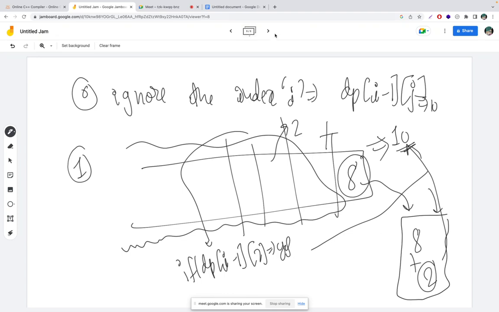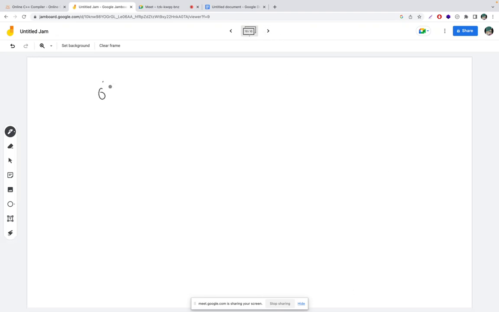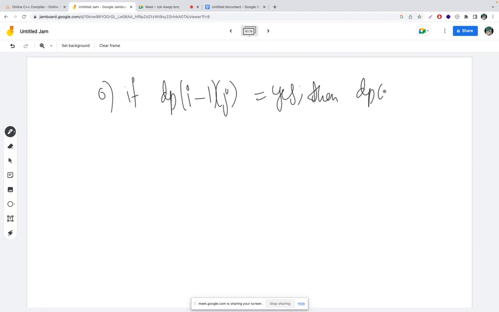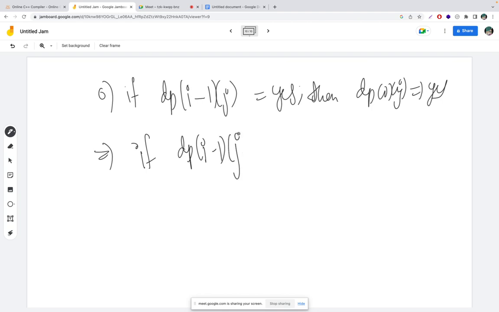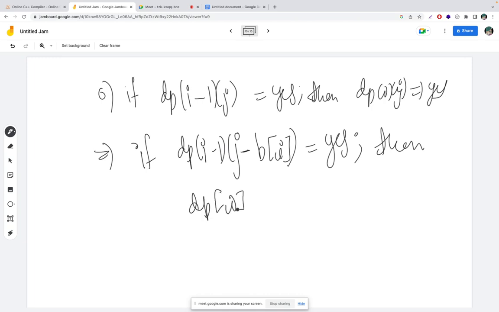One is, guys, write with me: if dp of I minus 1 of j is yes, then dp of I of j is yes. The second condition: if dp of I minus 1 of j minus b of I, where the current element is b of I, is yes, then dp of I of j is yes.